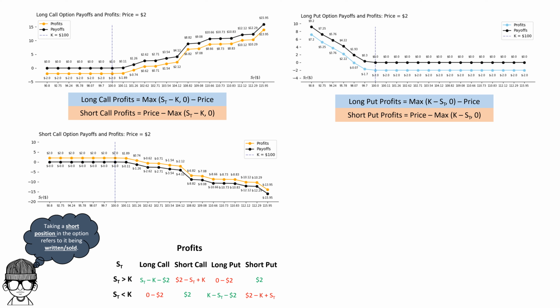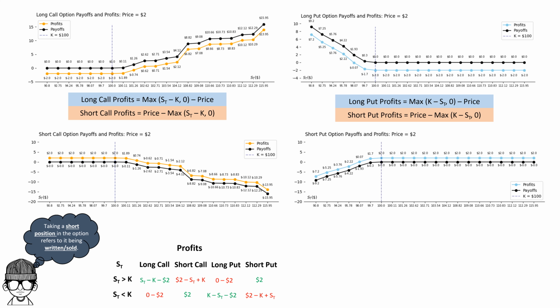And when ST is less than K, the writer makes a profit of $2 minus K plus ST because the option is exercised. So this is what the put option payoffs of a writer would look like. If we notice, the profits and payoffs of the writer mirror that of the holder.